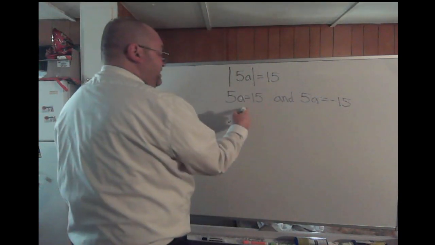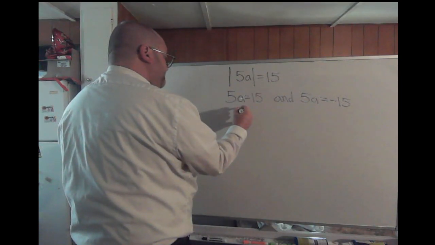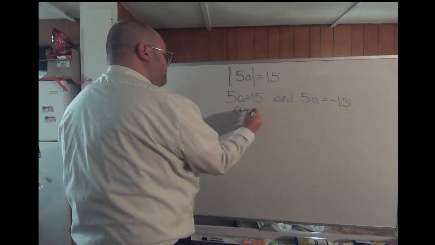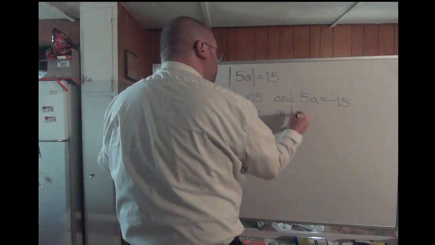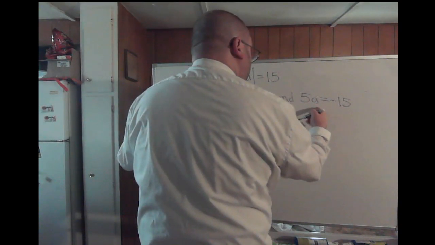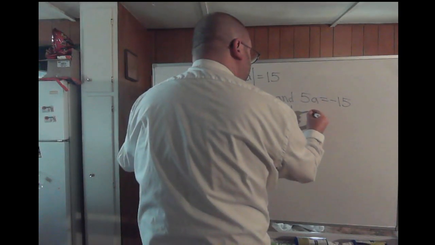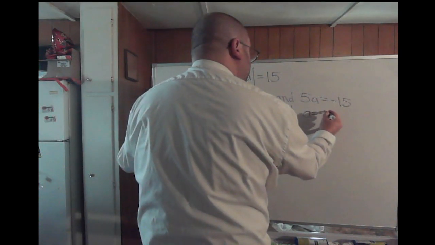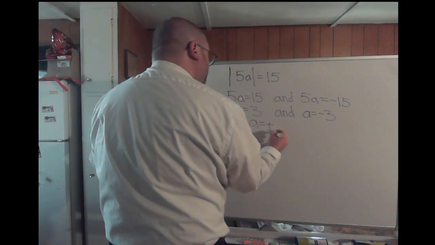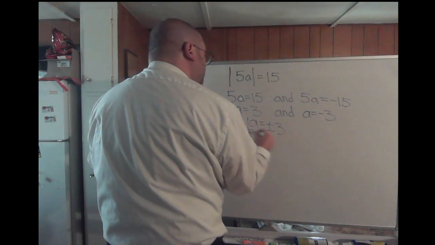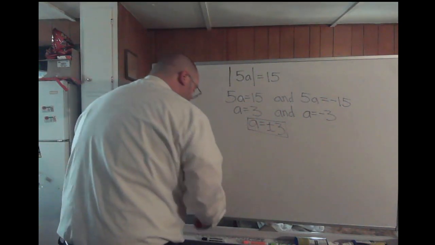Now we have 5a equals 15. We just want to get a, so divide by 5, and you'll get a equals 3. And then you have 5a equals negative 15. We divide by 5, so you get a equals negative 3. So a is equal to plus or minus 3. That's the answer you get. a equals plus or minus 3.